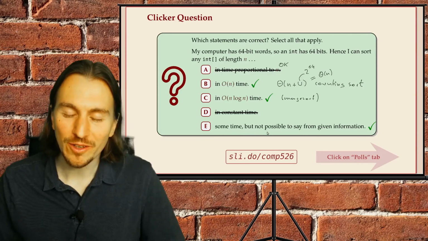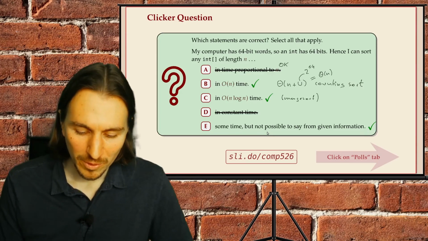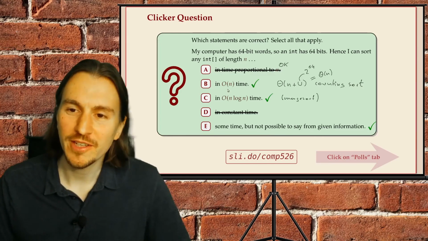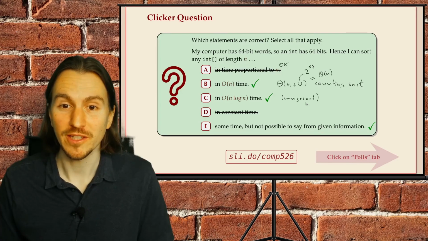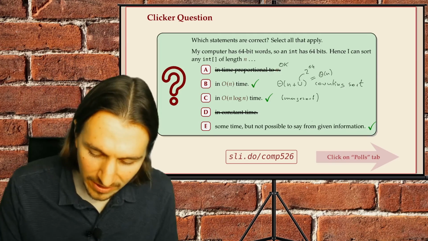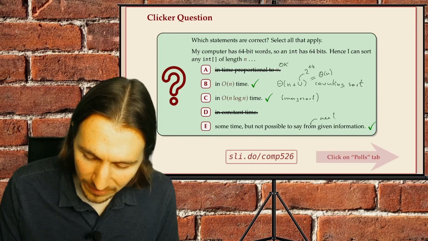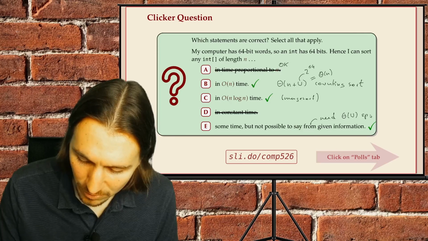And the last point also has some truth in it, because we can only do the faster sort than the merge sort if we have extra space, and not just length n extra space, but we need theta u space for counting sort.